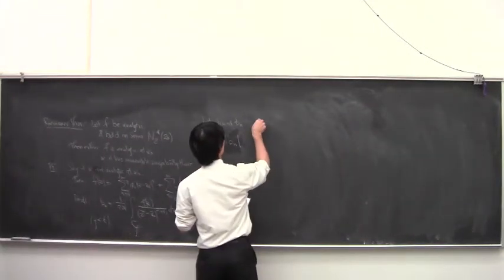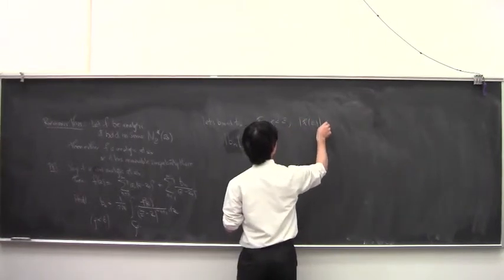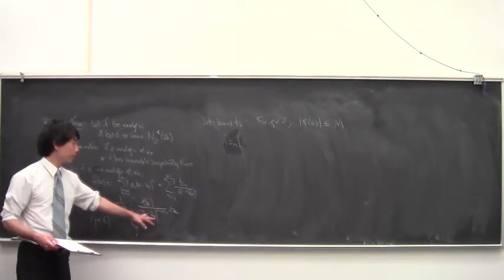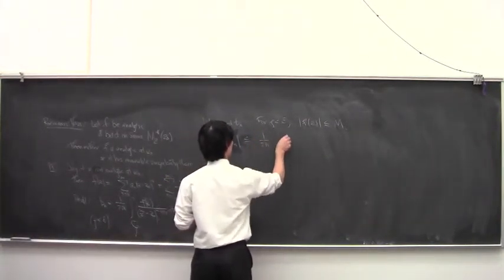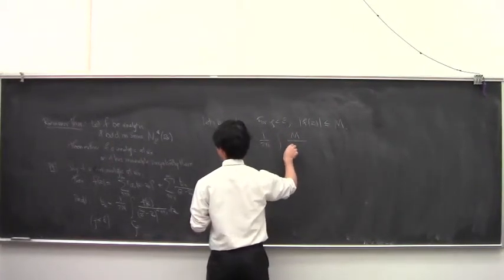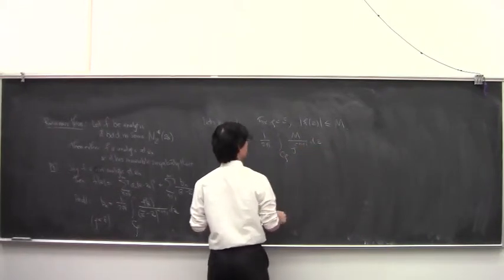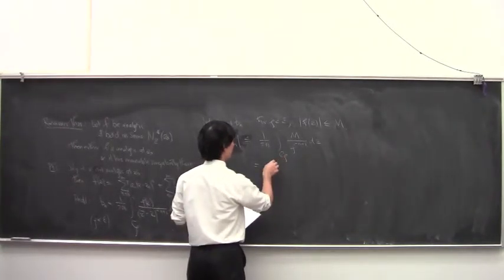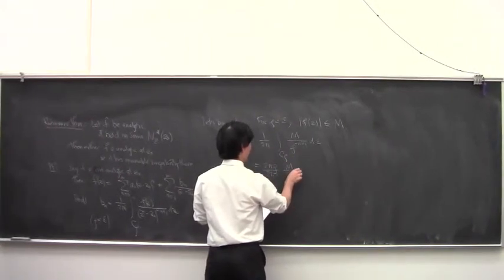So for rho less than epsilon, we know that f is bounded by some constant M. Further, this is smaller than 1 over 2 pi times the integral of M over rho to the negative n plus 1 dz over C_rho, which is 2 pi rho over 2 pi times M over rho to the negative n plus 1.